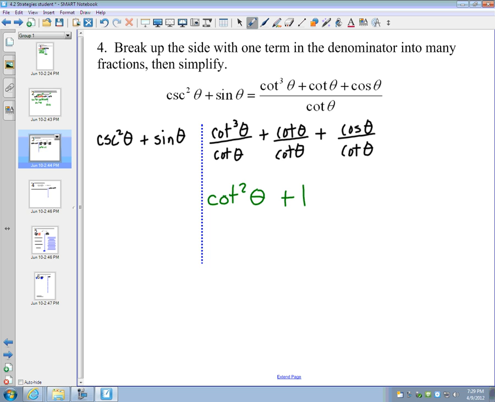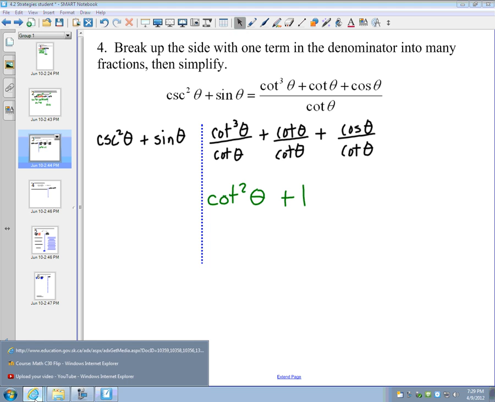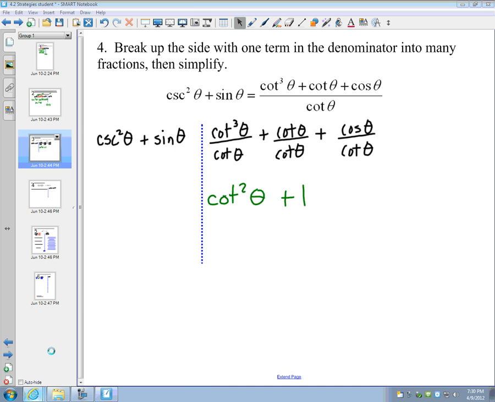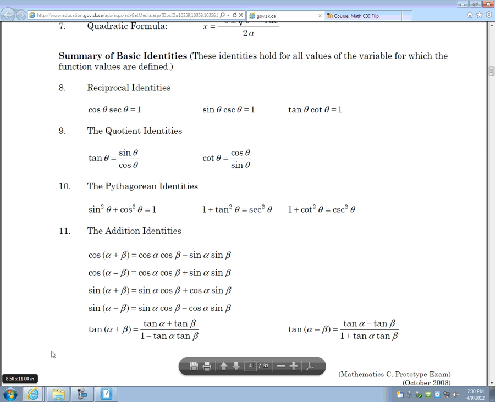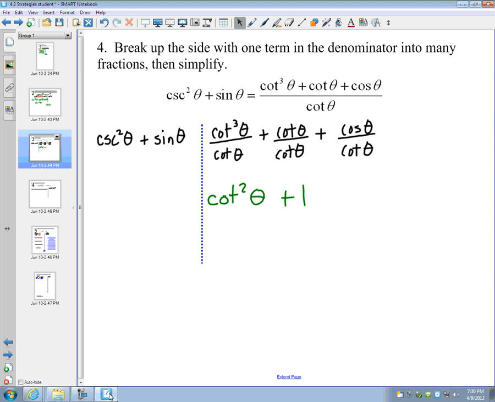Well, cotangent is equal to cos over sine, right here. And so I'm going to simplify that as cos over cos over sine. Well, the coses cancel out. I have 1 over sine, which is the same as cosecant.